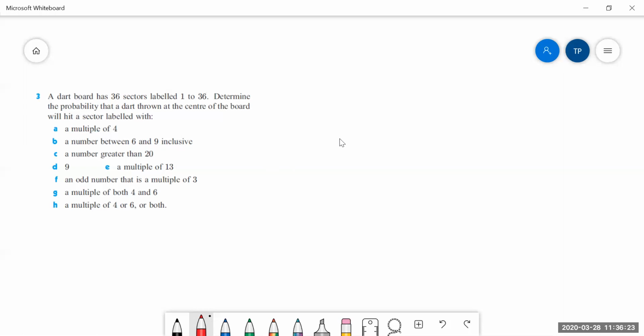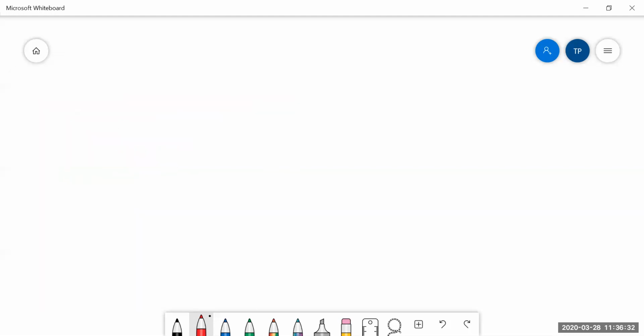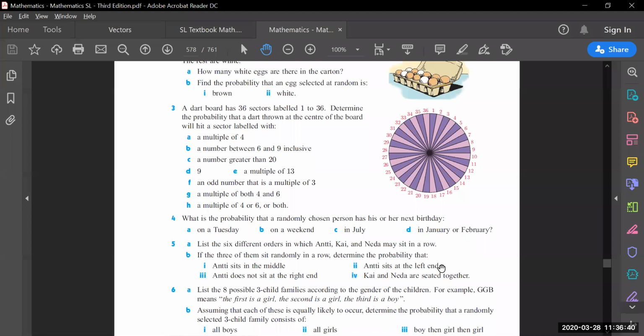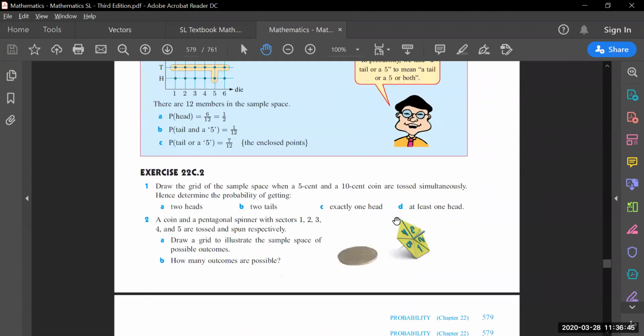I think this question, you more or less will understand what to do here. I think we should try more challenging questions for your level. Yeah, this is too easy for you.